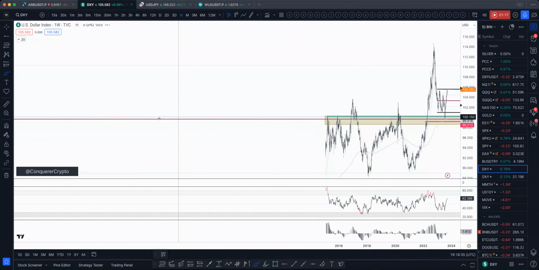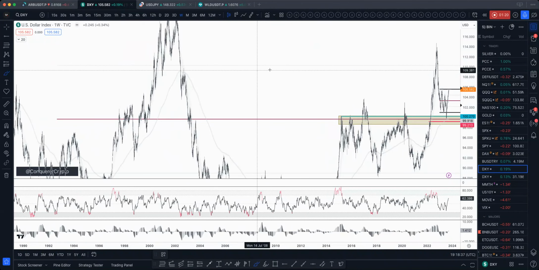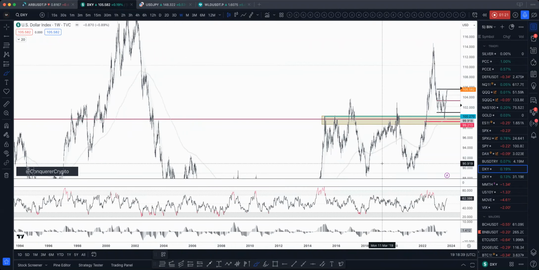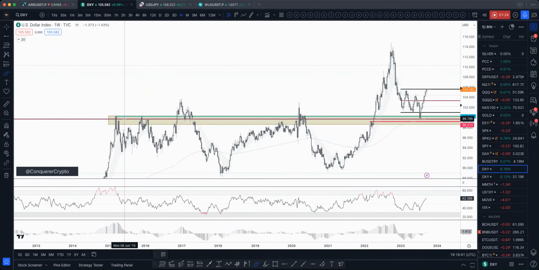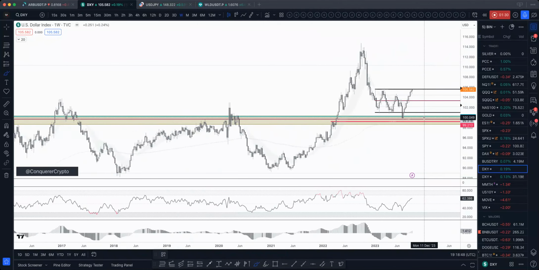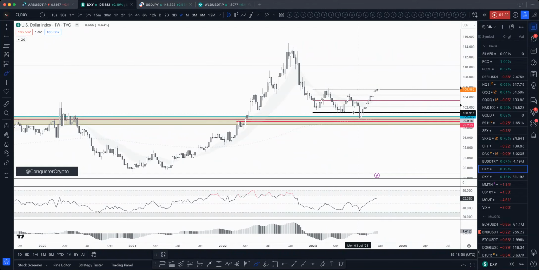I'm just waiting for this to load. For some reason it doesn't. Yeah. Here it is. This was the prior range that it broke out from, and now it's testing it. I posted this on Twitter that it could be the area for a potential bounce.